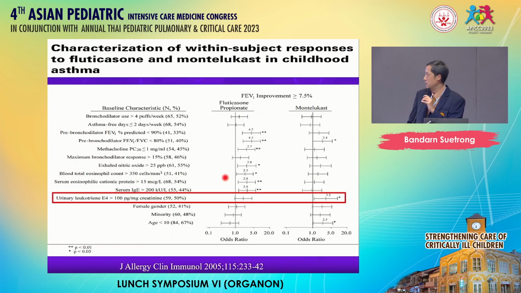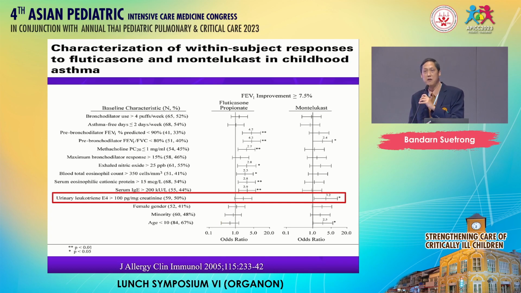So if we look at this study, if we found that the patient has a higher level of urine leukotriene, and we compare the treatment outcome in terms of FEV1 improvement, we will find that asthmatic patients who have a higher level of urine leukotriene E4 will respond better with montelukast compared to fluticasone or inhaled corticosteroid.